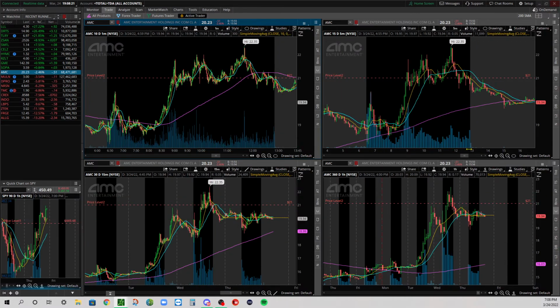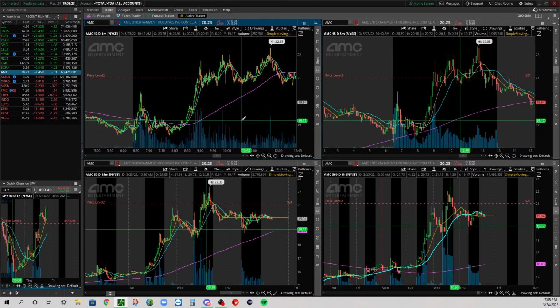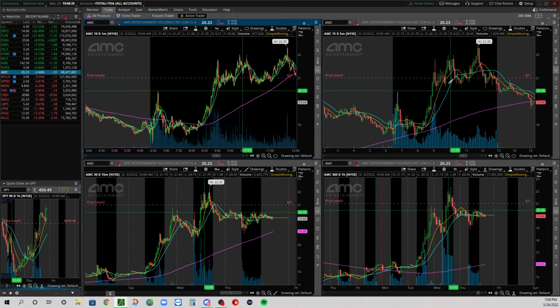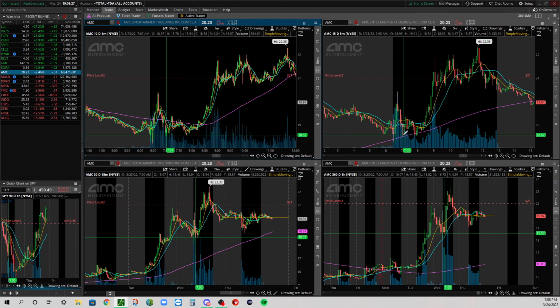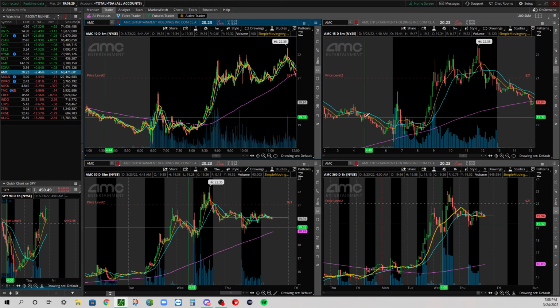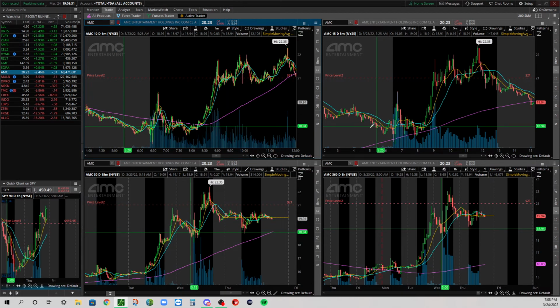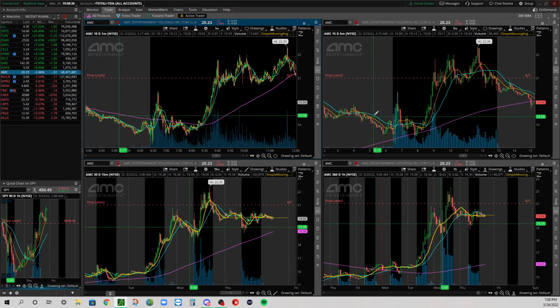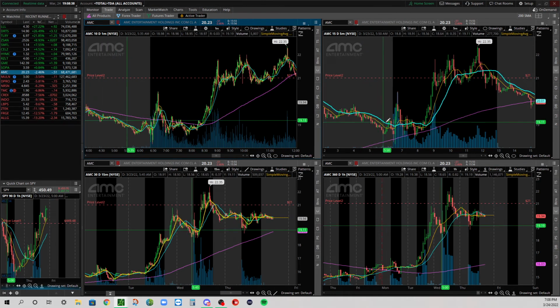Once I get a range like this in a 1 minute or even a 5 minute, the tools that I use are the 10 and 20 SMAs. The 10 SMA is the yellow, and the blue is my 20 SMA.